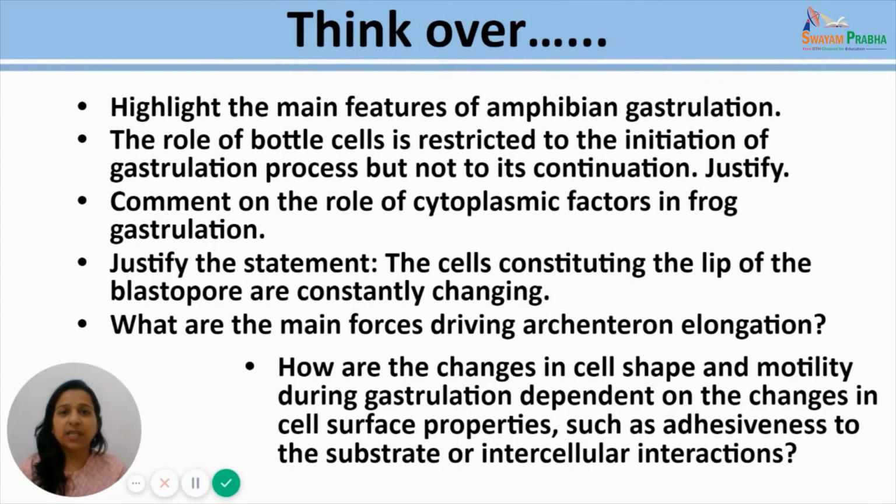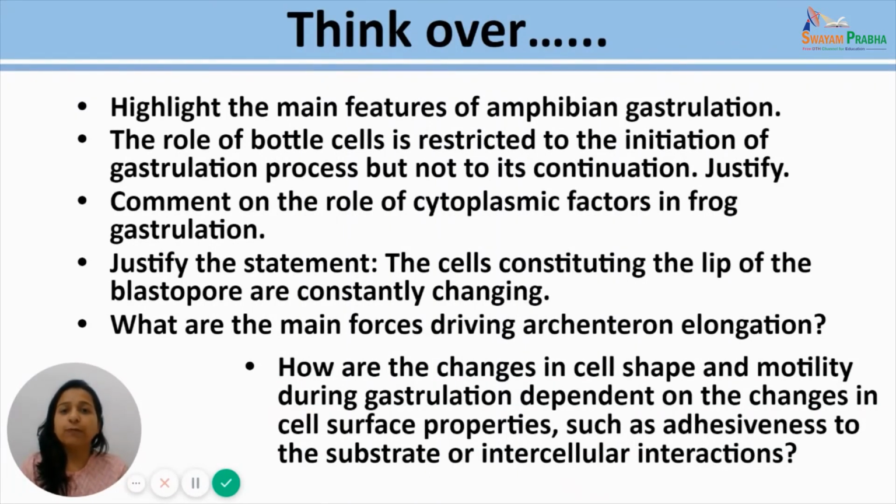As we were discussing various steps of the gastrulation, we kept on thinking of the various types of cells, the pink cells, the red cells, or the orange cells, which were moving through the blastopore and moving inside of the embryo. So you have to list out all those cells which are moving through the lip of the blastopore one by one in this justification of this statement.